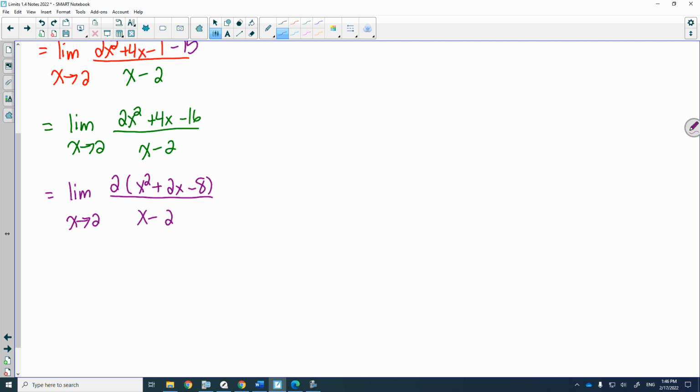And then from here in the numerator, we could factor this trinomial by inspection. The two numbers that multiply to negative 8 and sum to 2 are going to be 4 and negative 2. So x plus 4, x minus 2, over x minus 2. Here we have our factors that cancel.